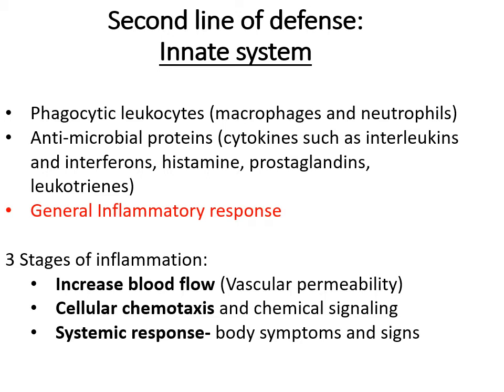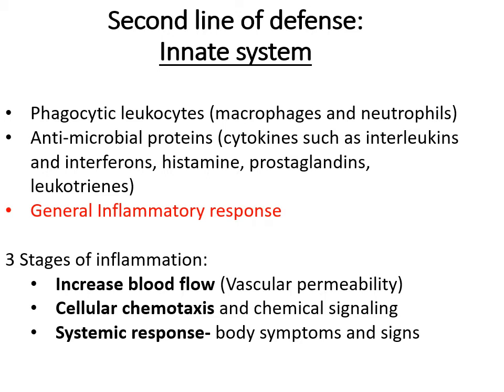Okay, and there are 3 stages of inflammation. So there's increased blood flow and vascular permeability to an area. Let's keep with that wound that we have. So there's a wound on your arm because you cut yourself by accident, and there's bacteria in the wound.